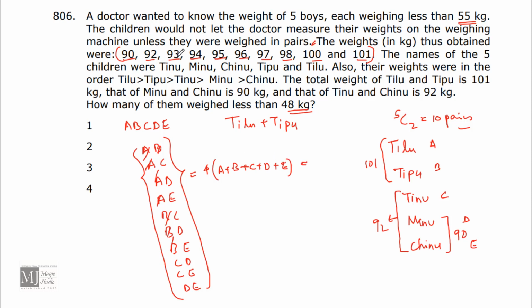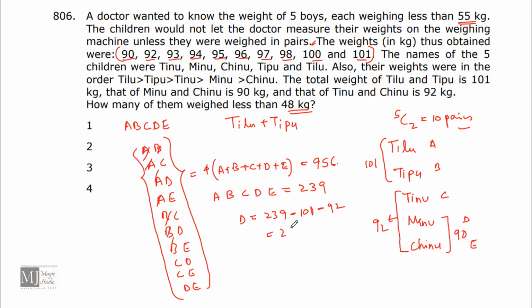Let me add up all these. 90 plus 92 plus 93 till 101 on adding gives 956. That means A plus B plus C plus D plus E is 956 by 4, that is 239. Now we have the value of AB and we have the value of CE, so D would be 239 minus AB, 101, minus CE, 92.